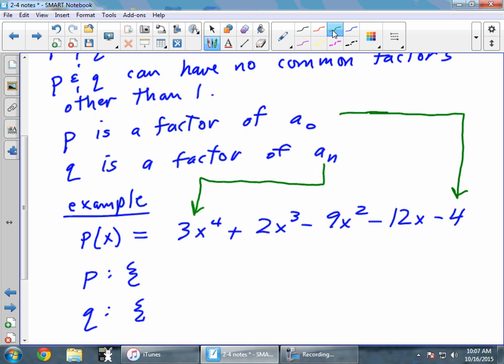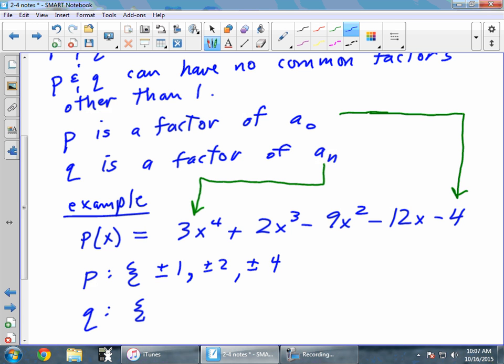So given that, what are the possible factors of p then? It's a set of numbers. What are the possible factors of 4? Okay, we could say plus and minus 1. We could say plus and minus 4. We left out 2. Plus and minus 2.